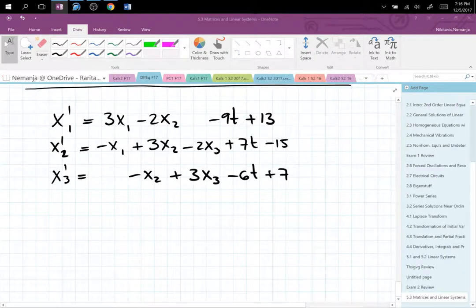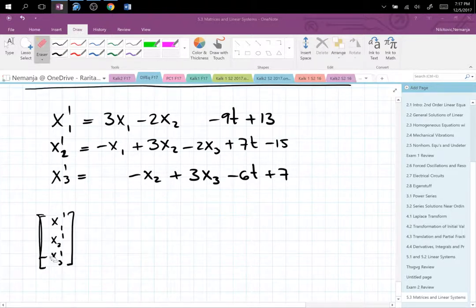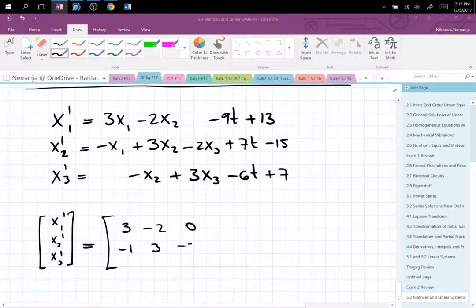So to convert this system, I have the column matrix of derivatives. That's equal to a matrix P. Matrix P is the one that contains the coefficients of the functions. So it's 3, negative 2, 0; negative 1, 3, negative 2; and then 0, negative 1, 3.